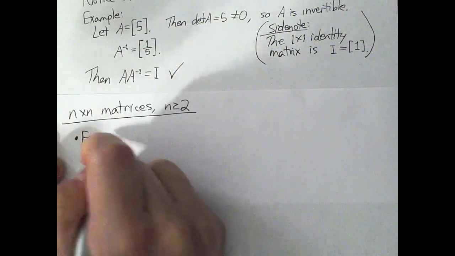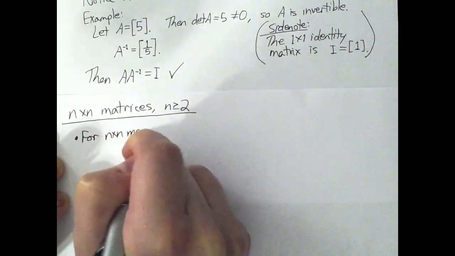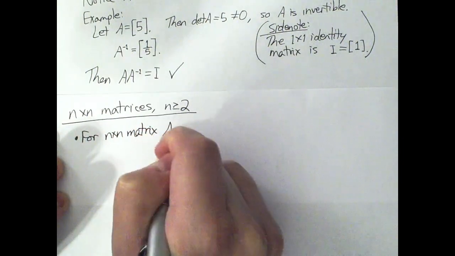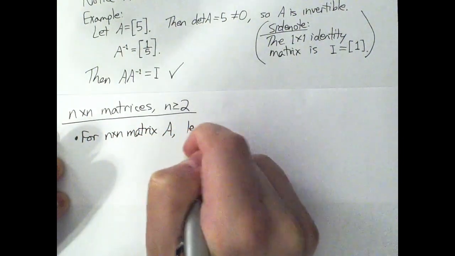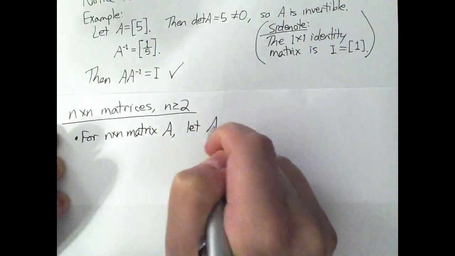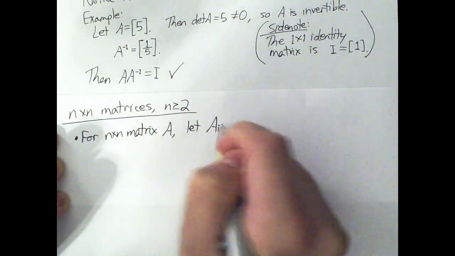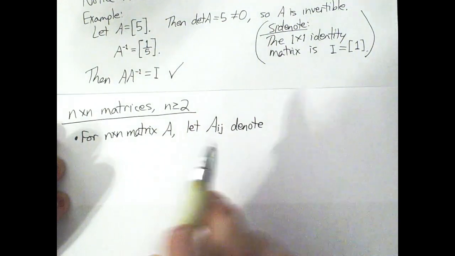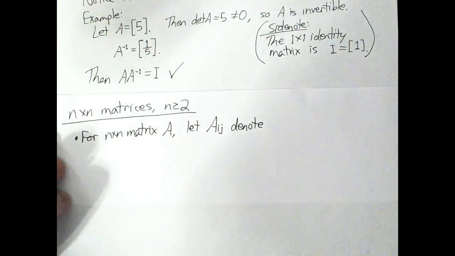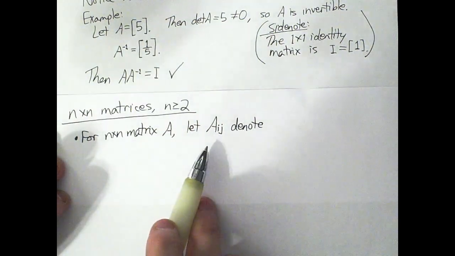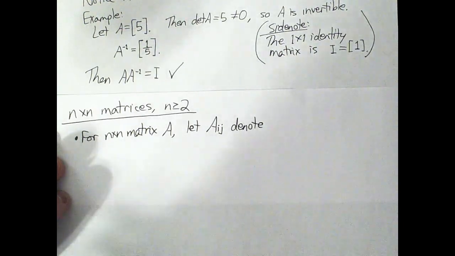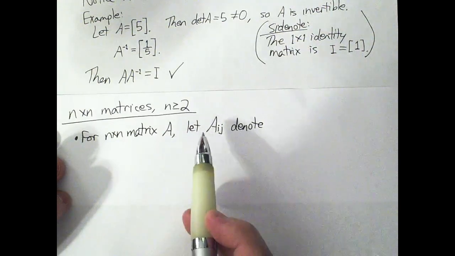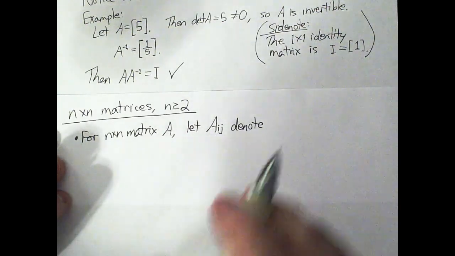So for an n by n matrix A, we let Aij denote, this is an uppercase A, so it's not just going to be an entry of the matrix. This is something new for us. We usually use uppercase letters for matrices, right? Capital A is a matrix. Capital Aij is also a matrix.